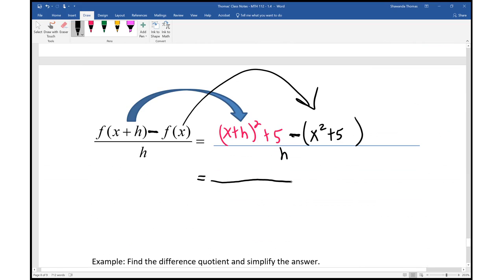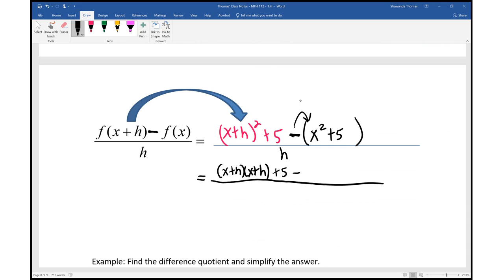So what is x plus h squared? Well, x plus h. Here we go again. We did this before, but let's do it again. x plus h times x plus h plus 5 minus, we're going to distribute here. That becomes negative x squared minus 5 over h.